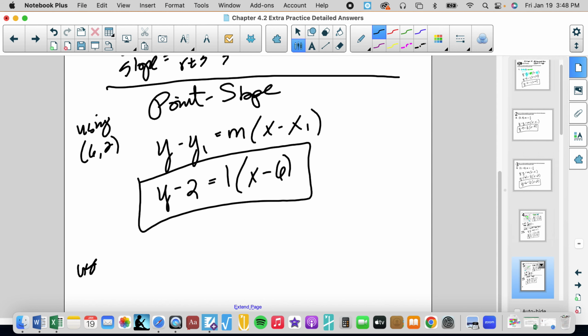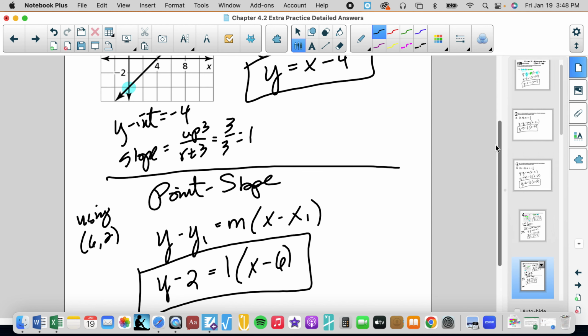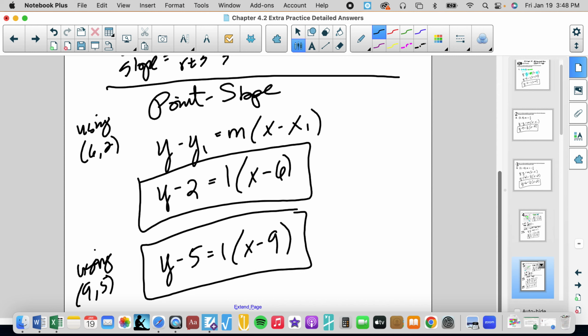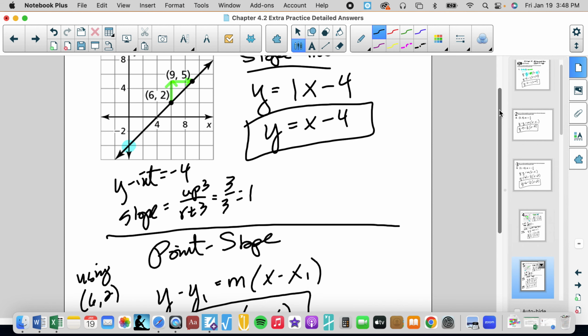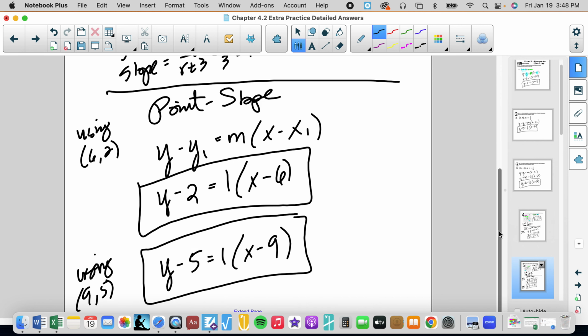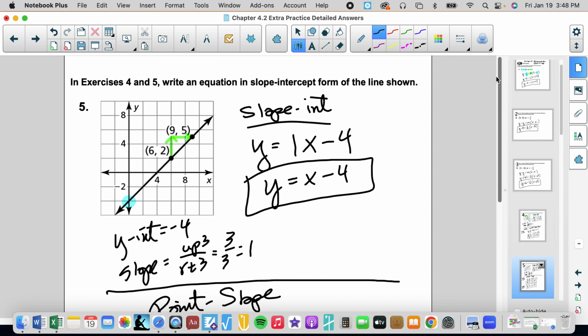If we were going to use the other point, 9, 5, that would look like y minus 5 equals 1 times the quantity x minus 9. And that also represents that equation. So there are an infinite number of equations you can write in point slope form for that line. There's only one slope intercept, but there are an infinite point slopes. Cool.